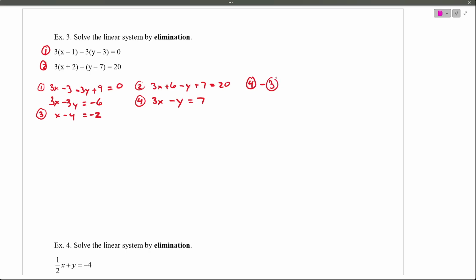Okay. So in this case, I have 3x minus y equals 7. And that is going to be over x minus y equals negative 2. And our goal is to subtract these two. 3x minus 1x, that's going to give us 2x. Minus 1 minus a minus.